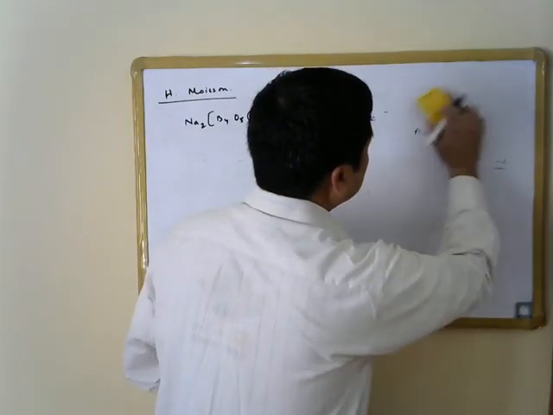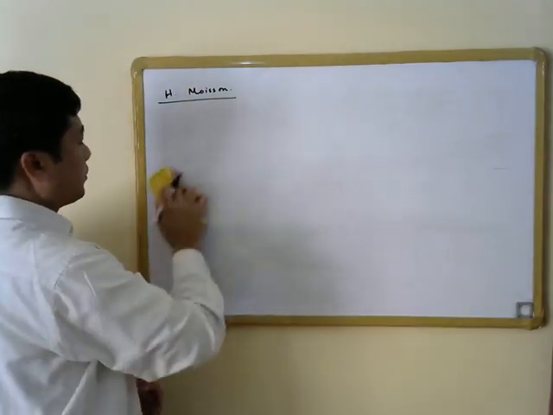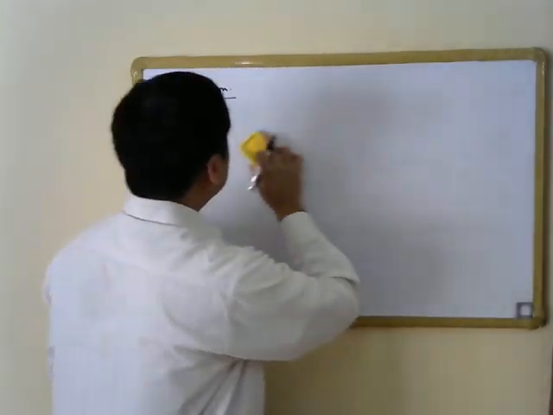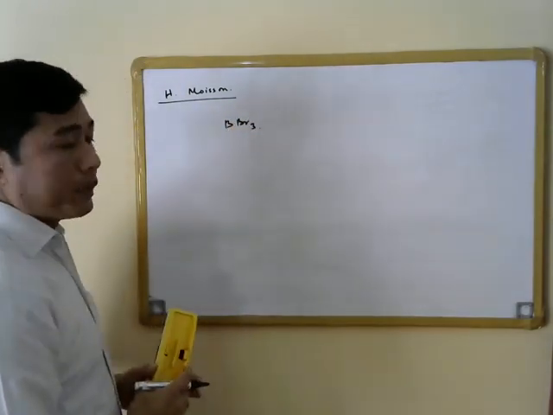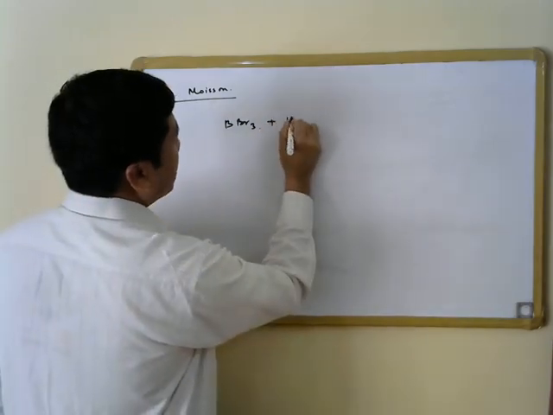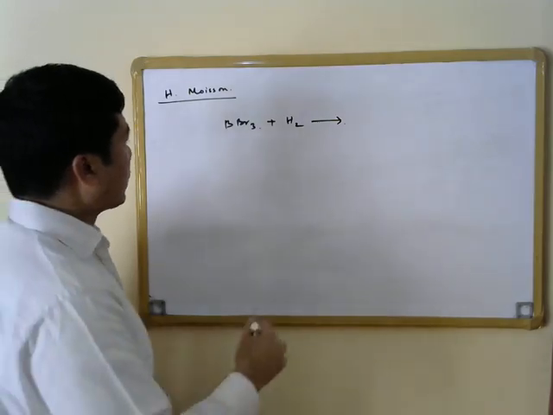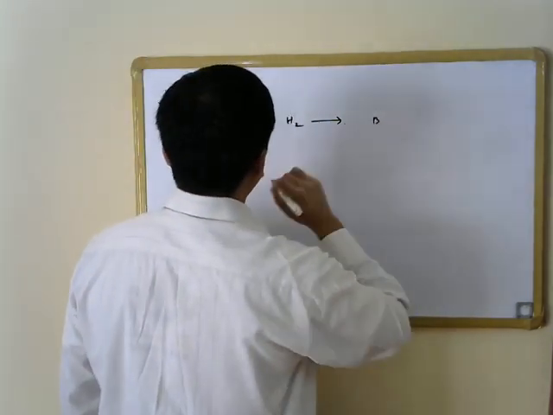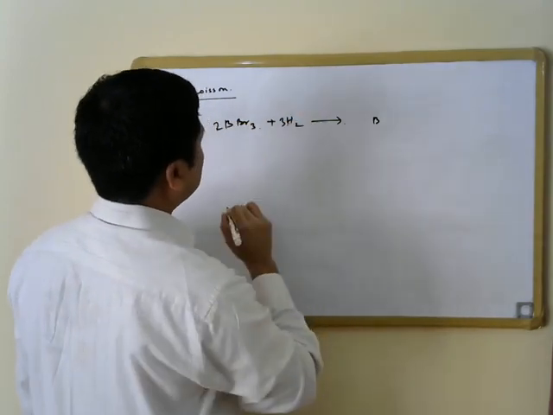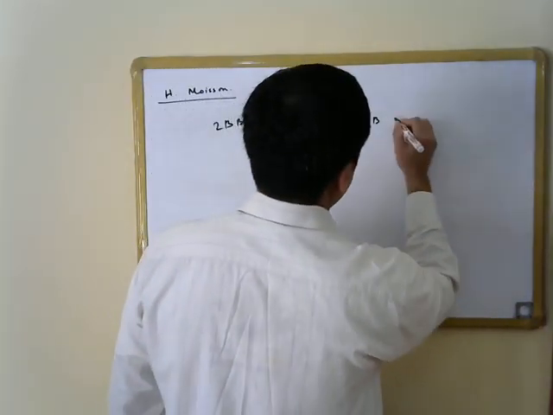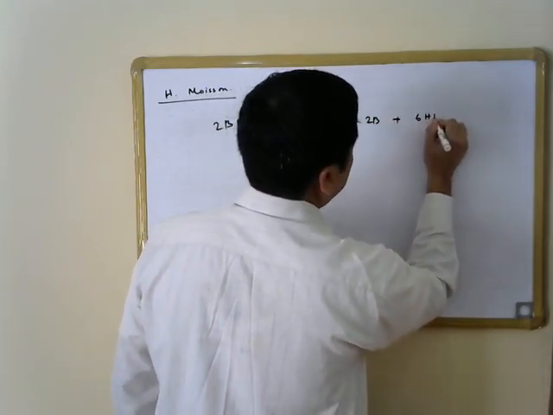For preparation of crystalline boron, or highly pure boron, one needs to use other techniques. One can start with volatile boron compounds, like BBr3, and then reduce it by using hydrogen. So let's make it 2 BBr3 and 3 H2, and then we have 2B and 6HBr.